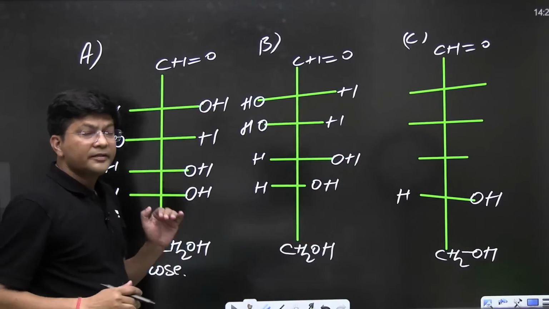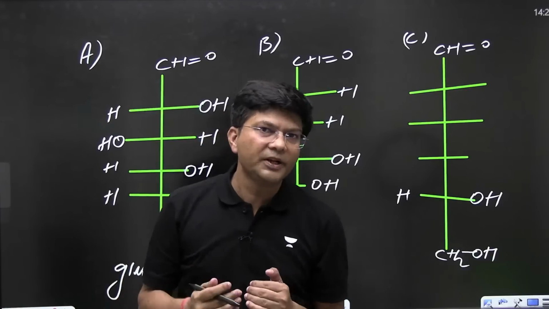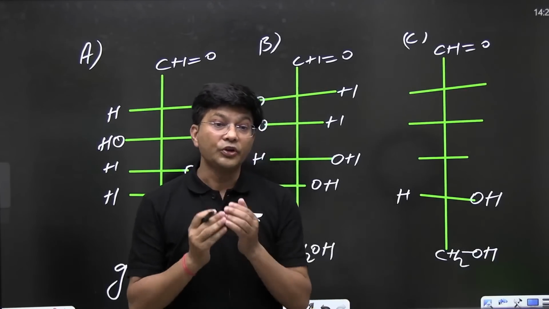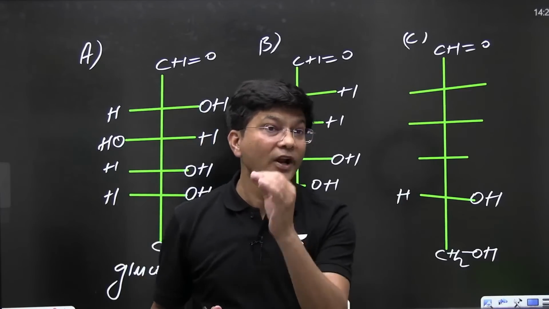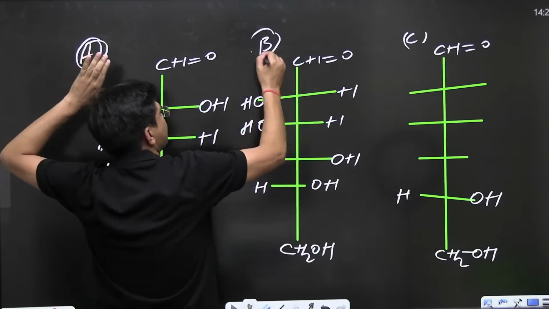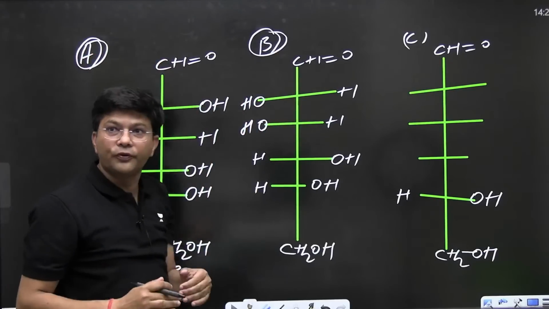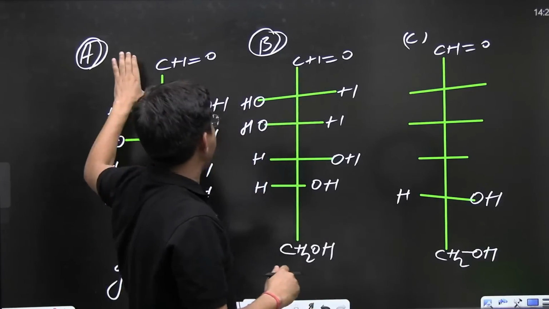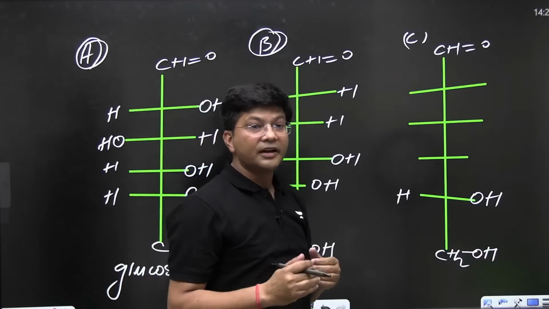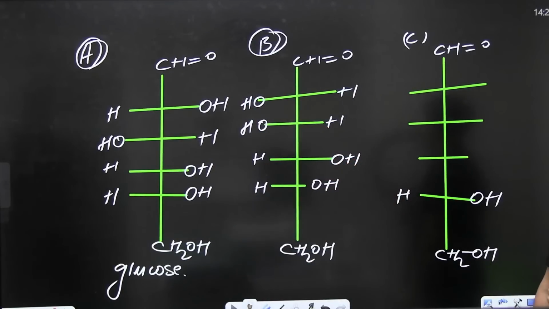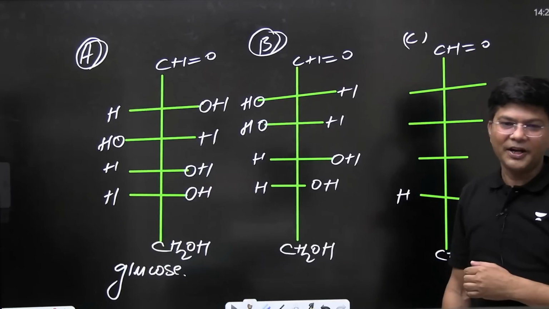Let me tell you what's the difference between the first and second structure. I would like to understand it from your side. Just let me know what is the difference between A and B. At which carbon do you find the difference?